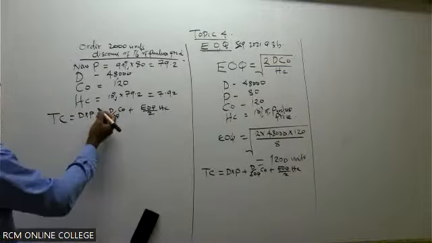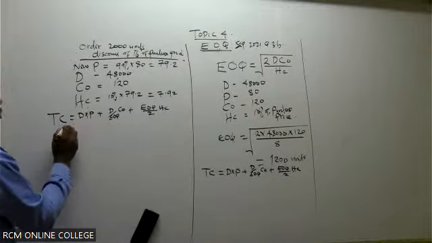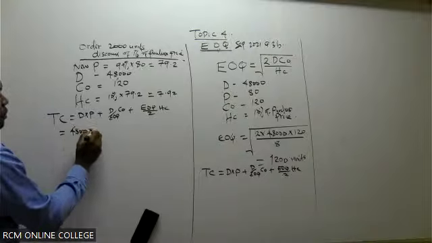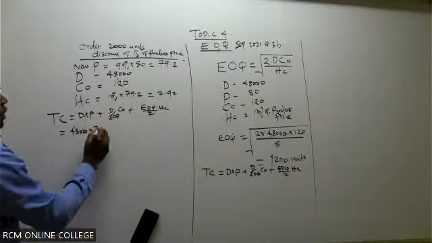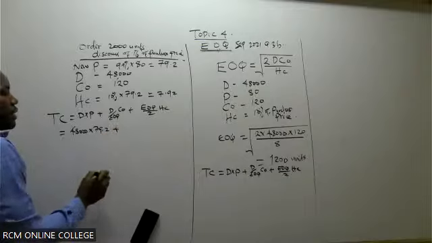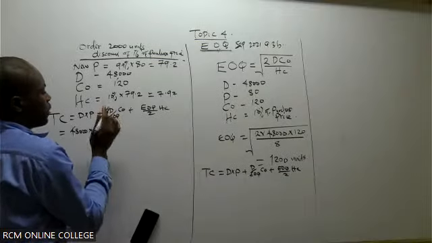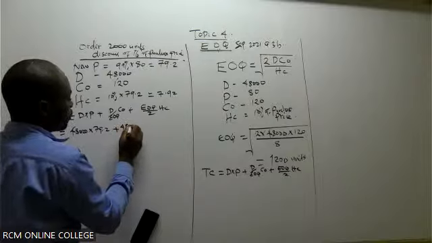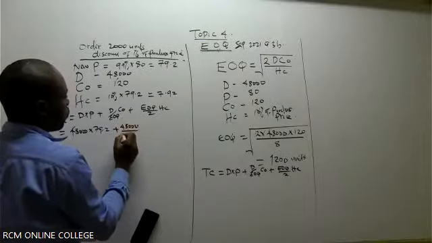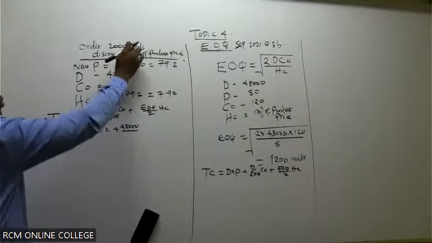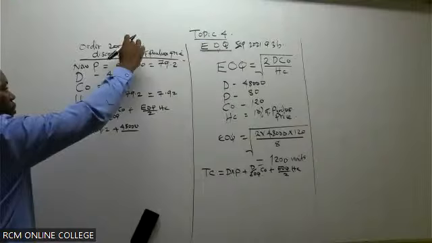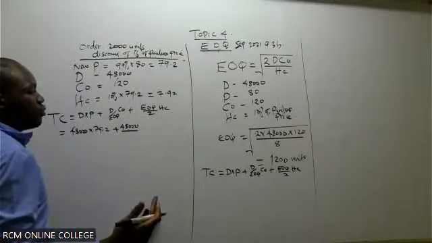So we now come here. Do we have demand? Yes, 48,000 times purchase price, which you've given me as 79.2, plus demand, which will still be 48,000, divided by economic order quantity, which is basically the quantity, 2,000, the new quantity that has been proposed.